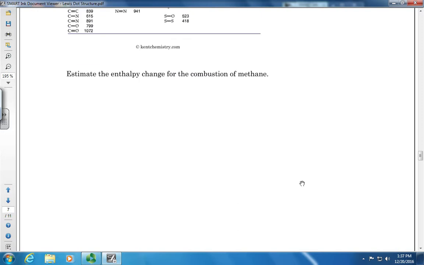Well, methane is CH4, and combustion is always combining with oxygen and yielding carbon dioxide and water. And let's put the coefficients to balance this out. That look right? I believe.